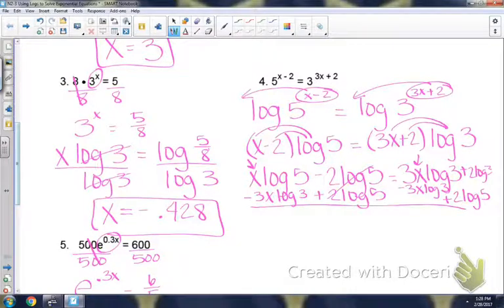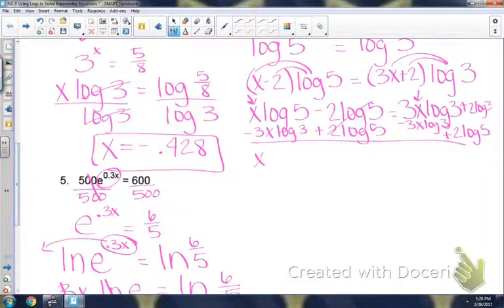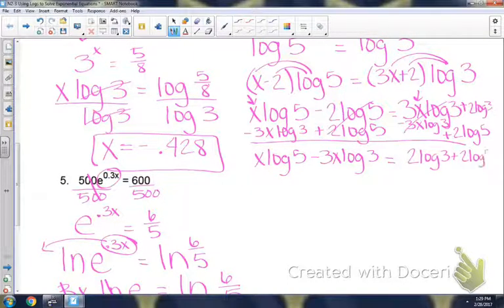Okay, so I'm going to have x log of 5 minus 3x log of 3 equals, those cancel, so I'm left with 2 log of 3 plus 2 log of 5.